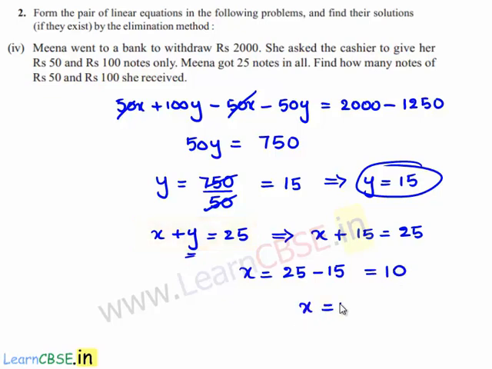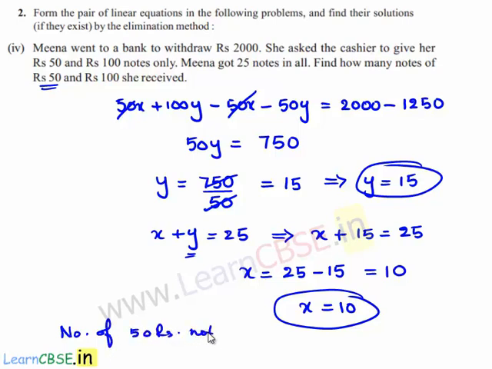Therefore, we got the value of x as 10. x is nothing but the number of 50 rupees notes. So the number of 50 rupees notes is equal to 10, and the number of 100 rupees notes is equal to y, which is nothing but 15.